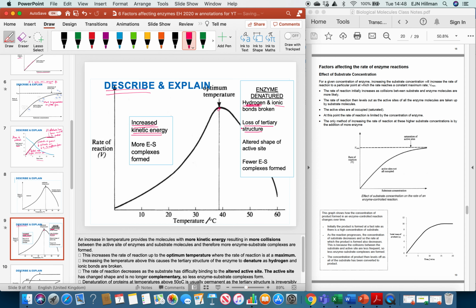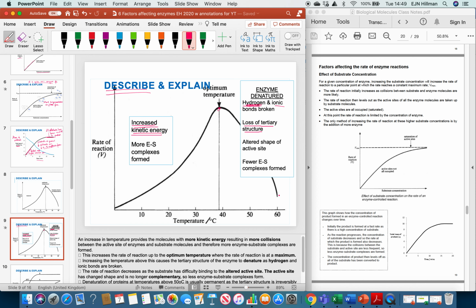Now the tertiary structure is important in the enzymes because it's a tertiary structure which determines the shape of the active site. So a change to the tertiary structure would lead to a change to the shape of the active site. The active site would therefore no longer be complementary to the substrate, fewer enzyme substrate complexes can be formed, and the rate of reaction decreases.